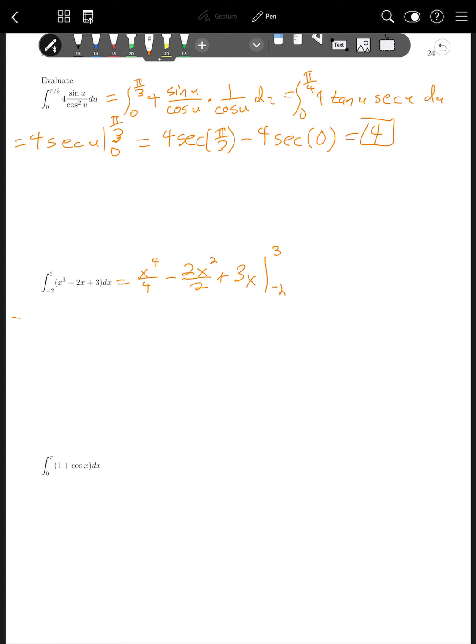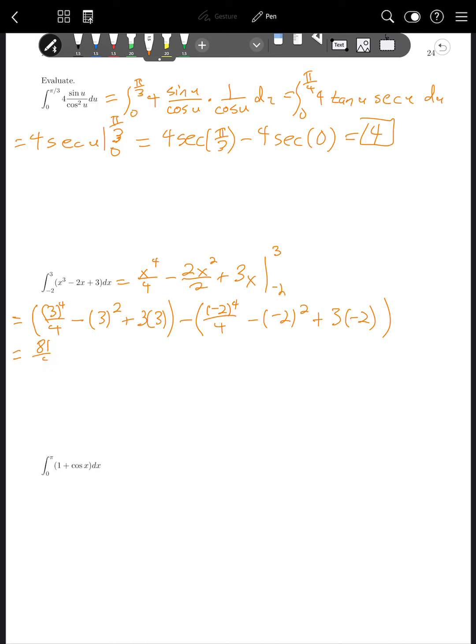And so this will be 3 to the fourth over 4 minus 3 squared plus 3 times 3, minus negative 2 to the fourth over 4 minus negative 2 squared plus 3 times negative 2.